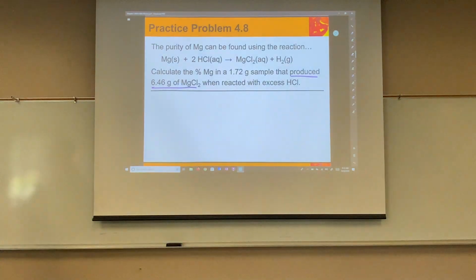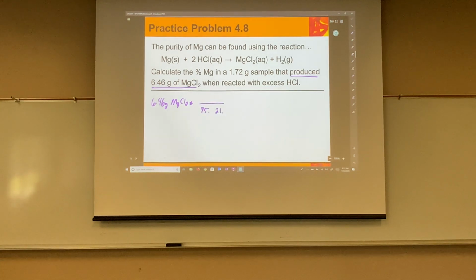So watch. Here's what we're going to do. It's going to be really tricky. You ready? I'm going to take grams of magnesium chloride and convert it into moles of magnesium chloride. I know, I was shocked when I learned this also.